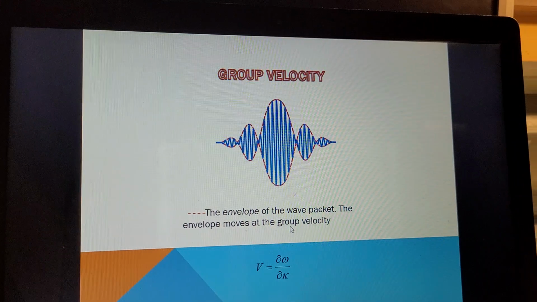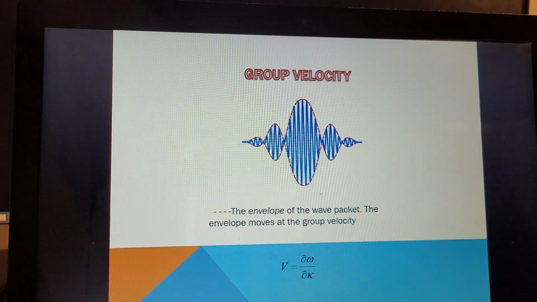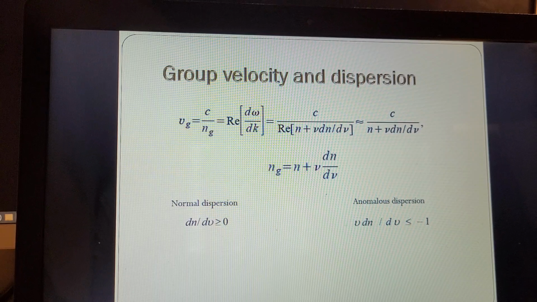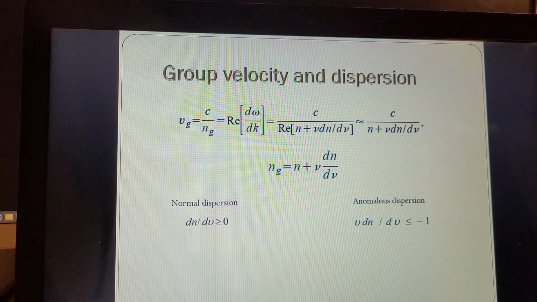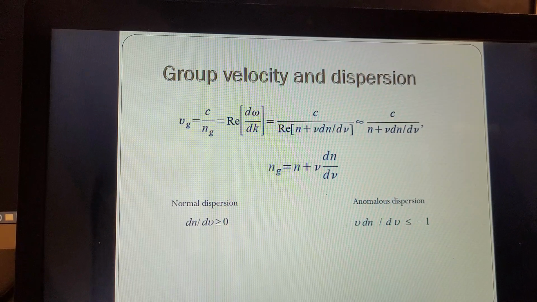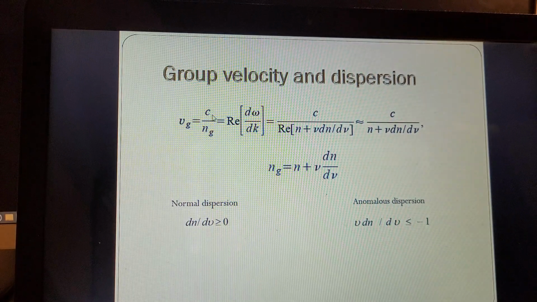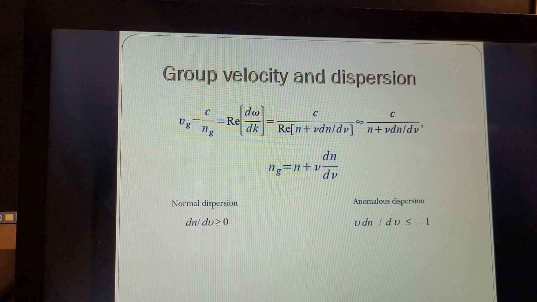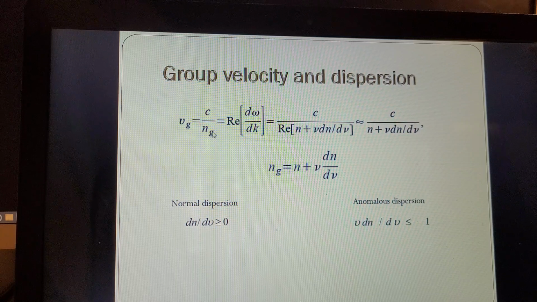Okay, let's move on. Group velocity and dispersion. So we know that the group velocity can be written in this form. So c is the speed of the light, as all of us know about it, and ng actually is the group refractive index of the medium.